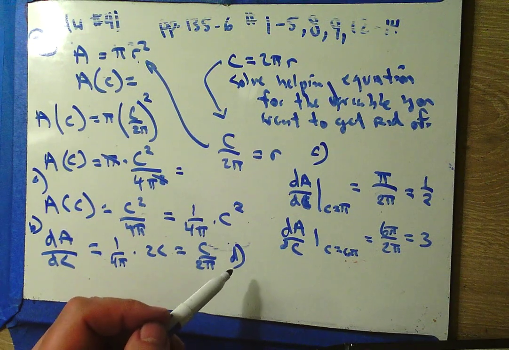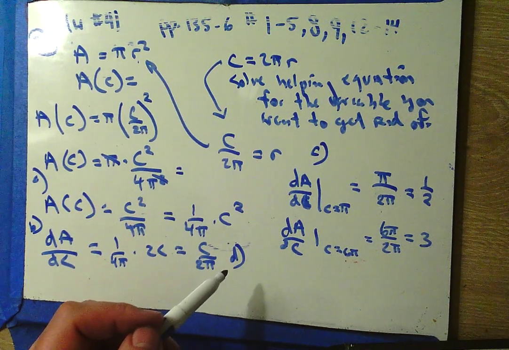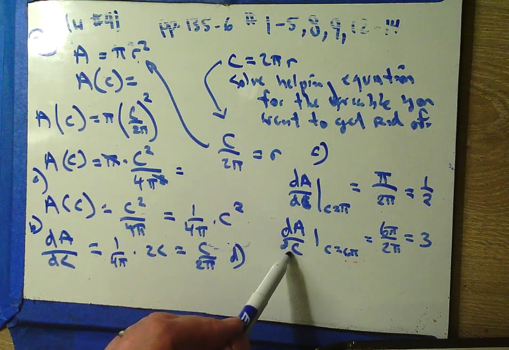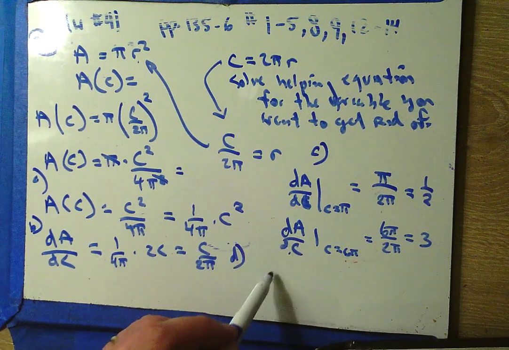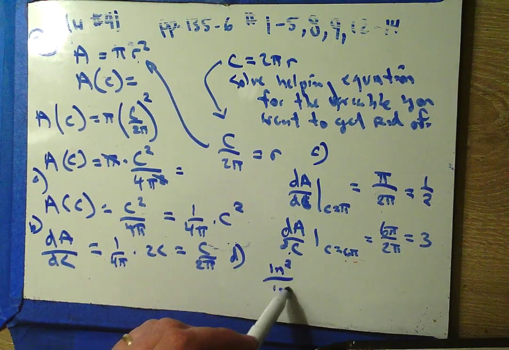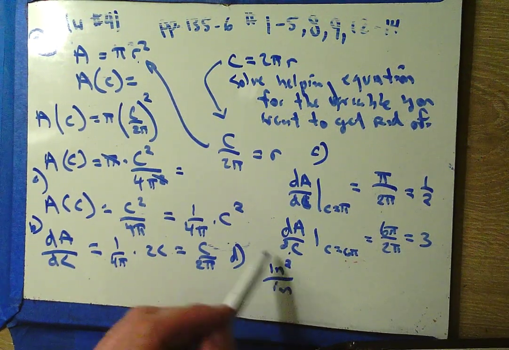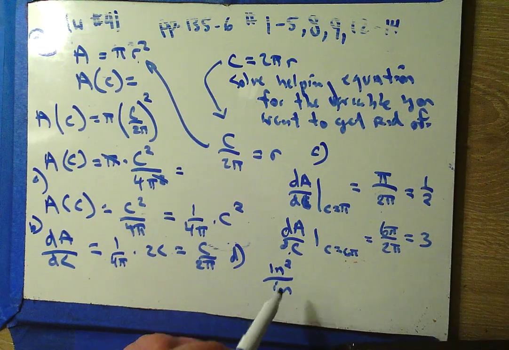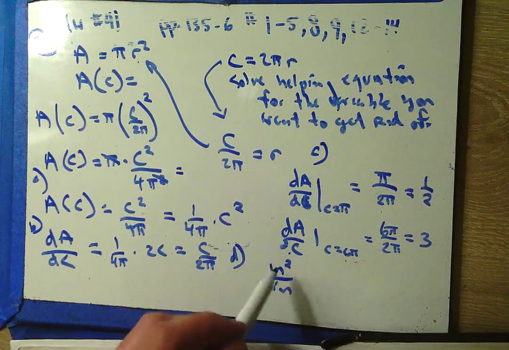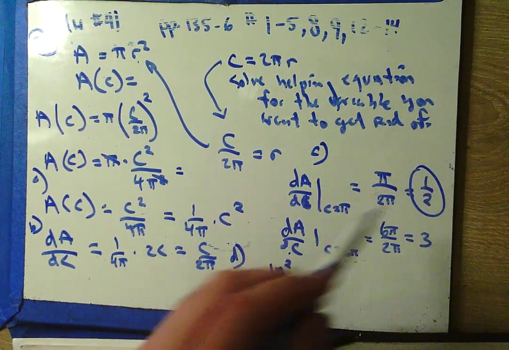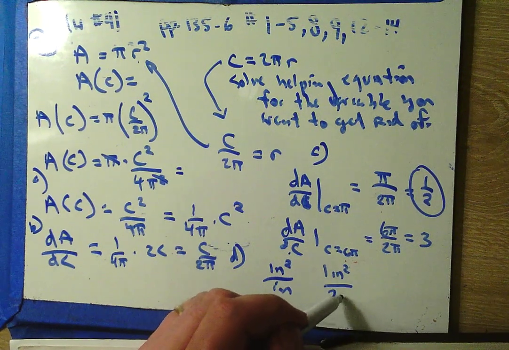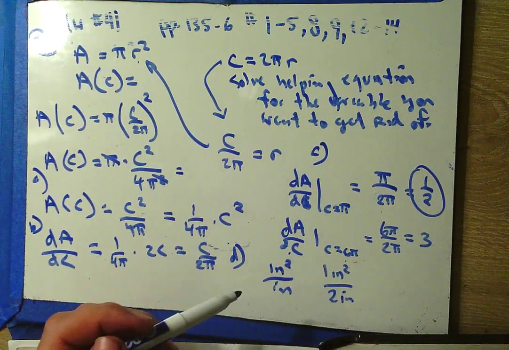Part D asks us again to consider units. A is measured in square inches, C is measured in inches. We've got a change in area over a change in circumference. So for part D, I'm going to say I have inches squared over inches. Again, I'm not going to cancel and turn that into inches, because that doesn't mean anything to me. But here I can see 1/2 is 1 square inch for every 2 inches change in circumference.